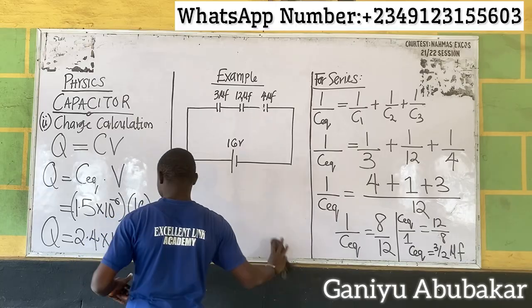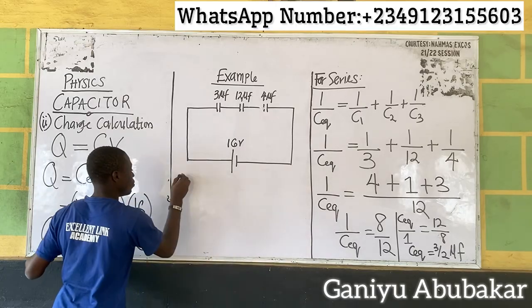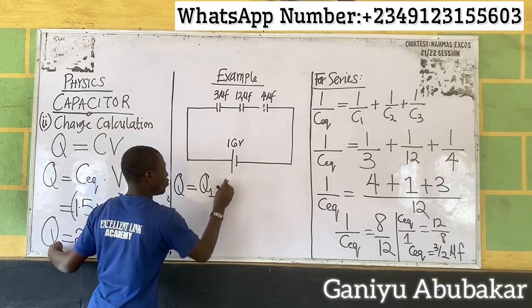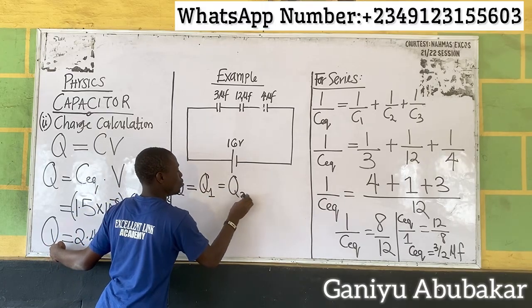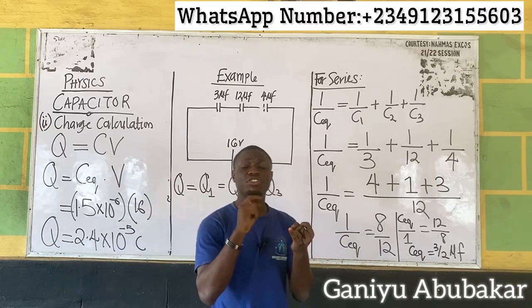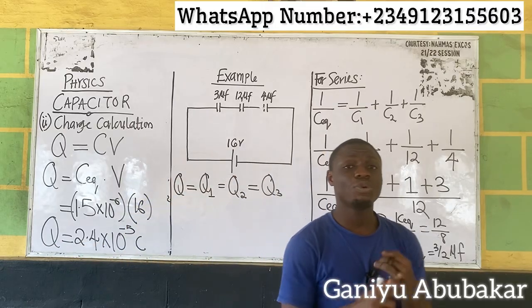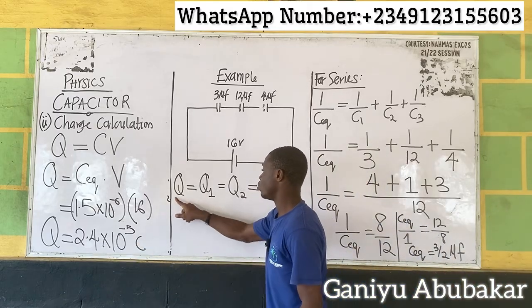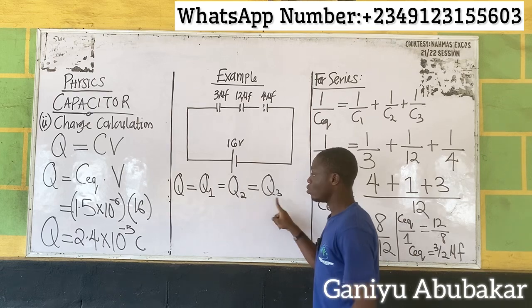We said earlier that Q will be equal to what? Q1 will be equal to Q2, will be equal to Q3. Why? Because for a series arrangement of capacitors, we have the same charge flowing through them, as I have Q equal to Q1, Q2, Q3.